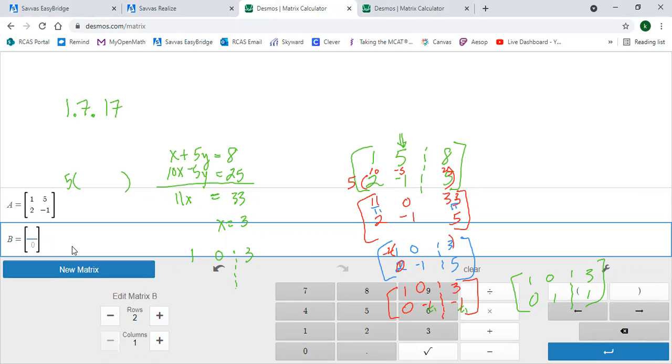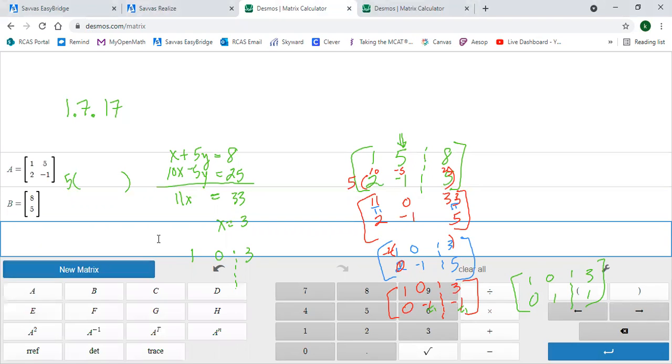When you do that, my answer matrix was the 8 and the 5, I believe. And if you remember how we did this on the last example, down on the bottom we put in our A inverse times our B, and it tells the answer of 3, 1.